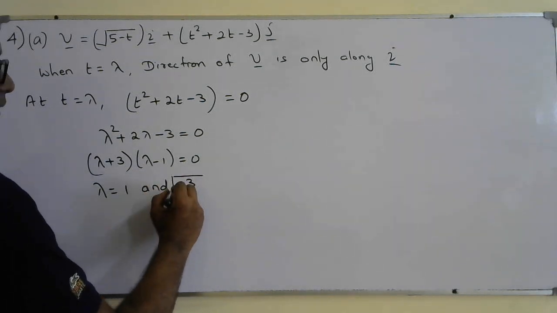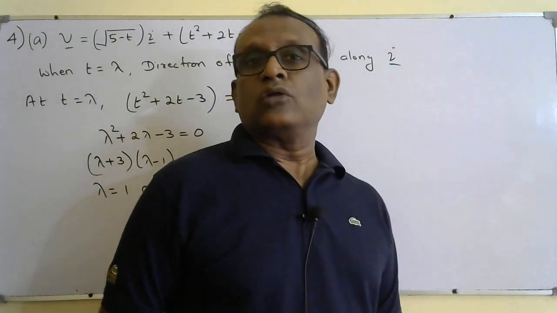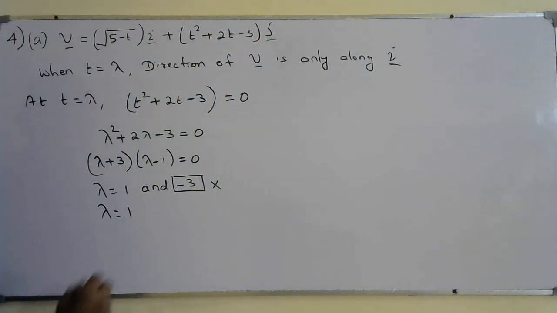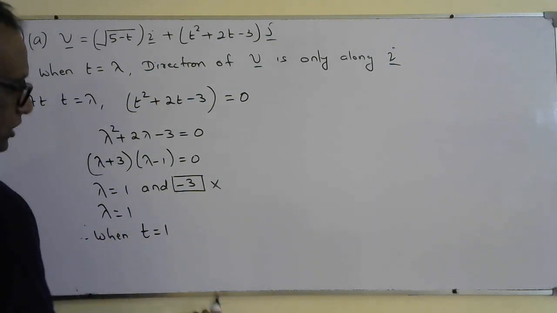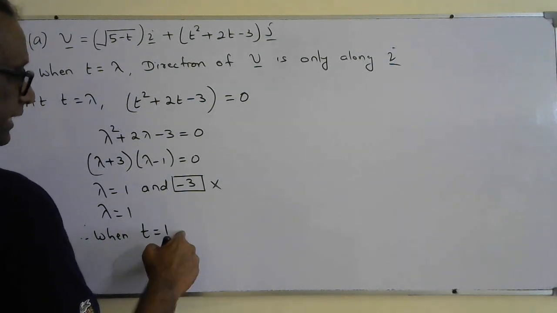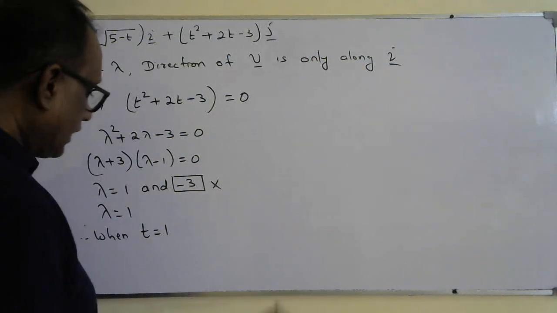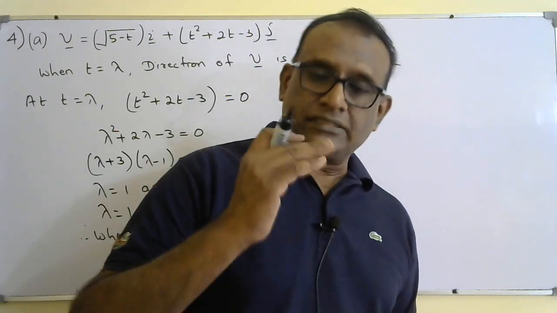But lambda is a time, it can't be a negative quantity. So lambda equals 1. So lambda equals 1 is the time when, at t equals 1 unit, the velocity is along only the i direction. Lambda equals 1 means at t equals 1, the velocity is only parallel to the i direction.